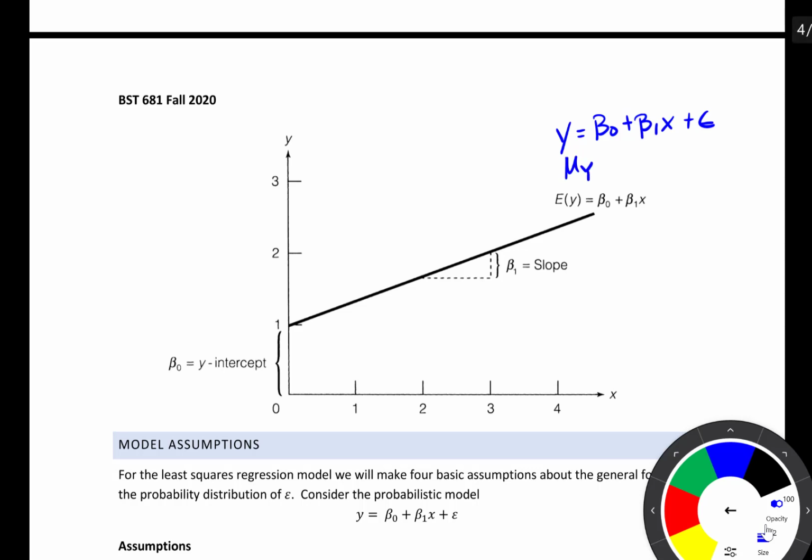So remember up above I said that beta naught plus beta 1 x was equal to the deterministic component, or the expected value. So you could also specify the model this way. Or instead of mu sub y, we could have the expected value of y. All three of these are ways to specify the model.